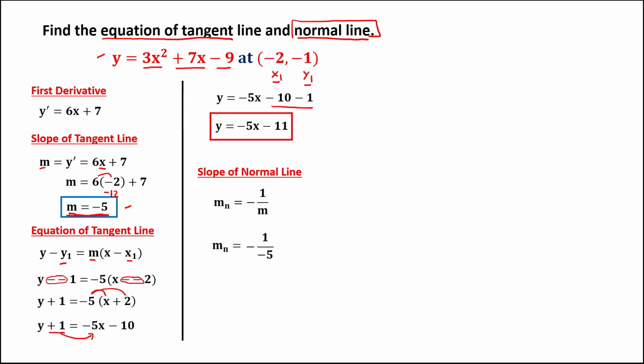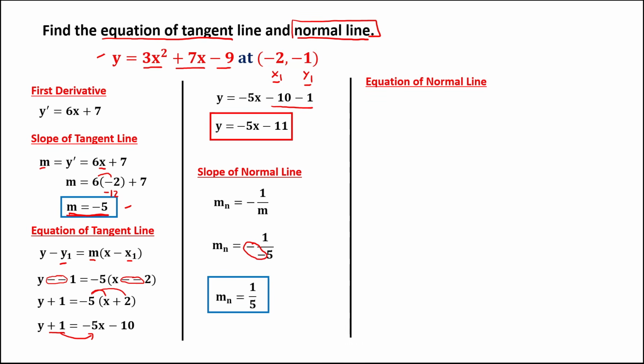Since we have this double negative, this becomes positive. So the slope of the normal line is equal to positive 1 over 5.